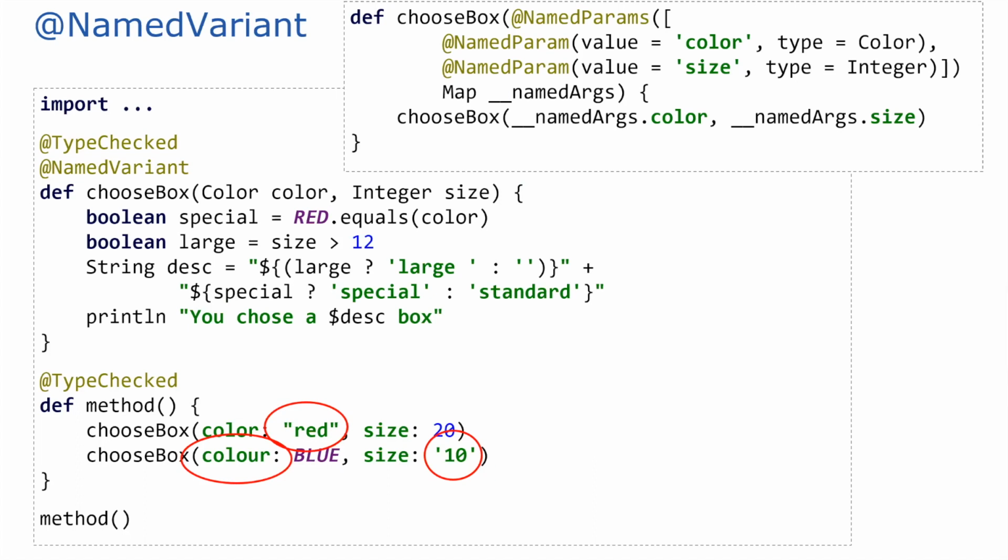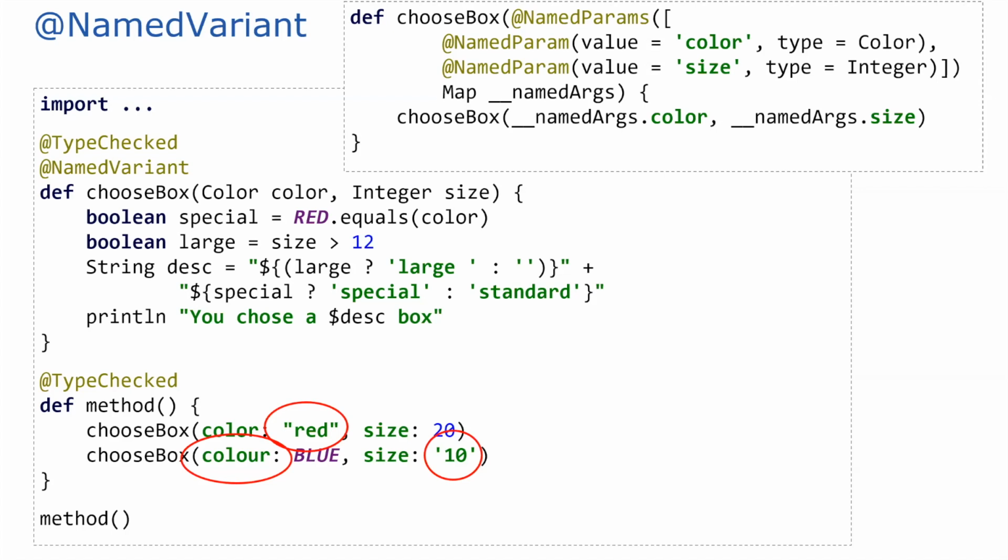And I could actually use the visibility options, and I could make the tuple version of chooseBox private if I wanted to. So I can actually make it look like I did a map version. But as the writer of that method, everything's type checked. Also, what you'll notice is some meta information is actually being stored as part of the new generated method.